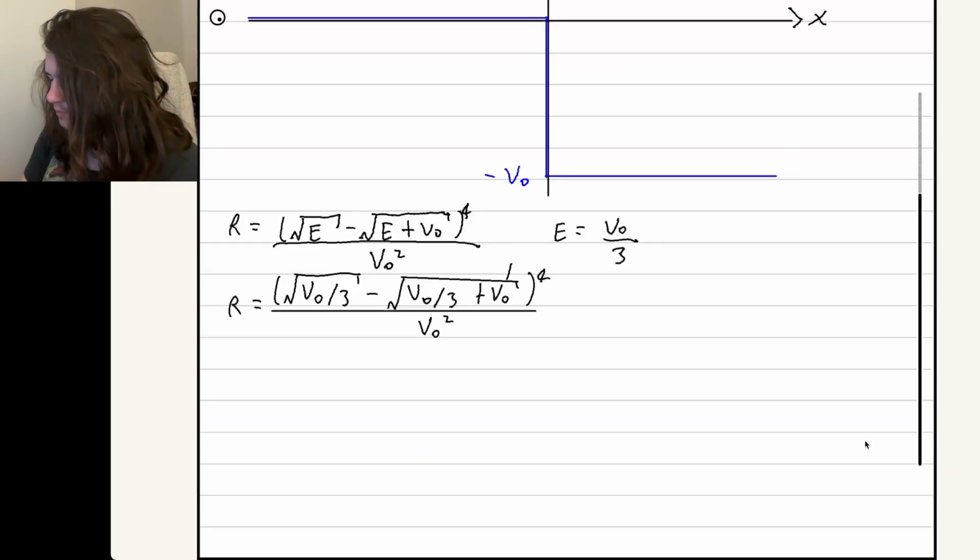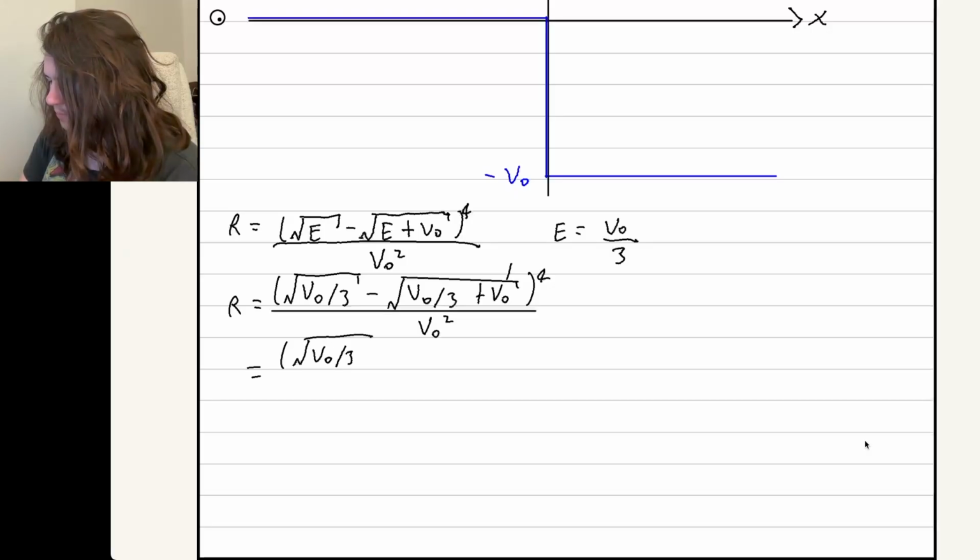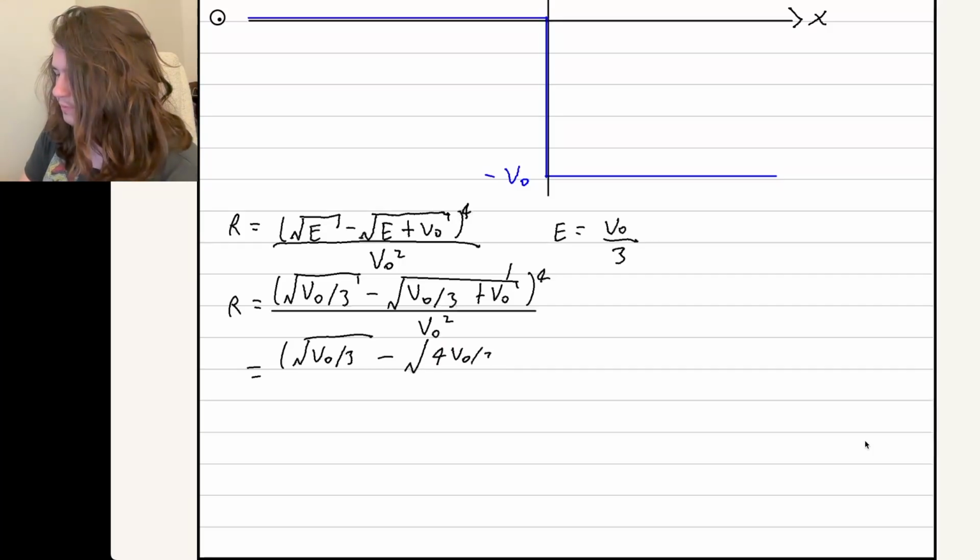What we're going to do is first simplify the stuff in the parentheses by adding up the stuff in the second radical. So it's 1/3 plus 1, so it's 4 V naught over 3.